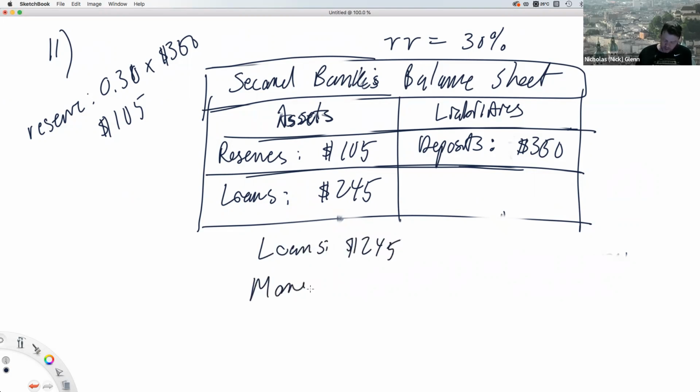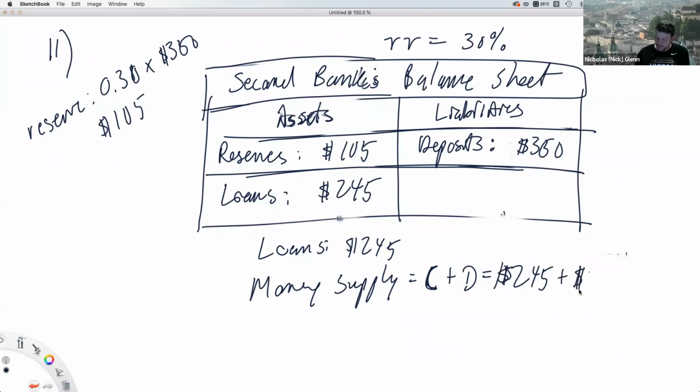The money supply, what's it going to be now? Remember, it's currency plus deposits. The currency is $245 now. What about deposits? Well, you have the $350, but don't forget, you also have the original $500.